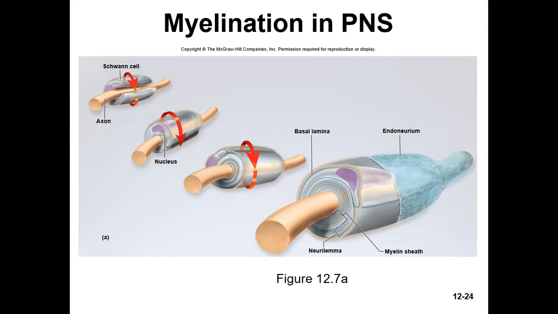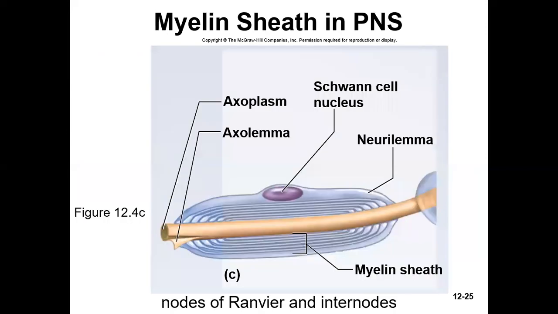We get to see the nucleus and the cytoplasm that was responsible for creating the roll of phospholipids. Here in this cross section, we get to see a better representation of how that all lines up.